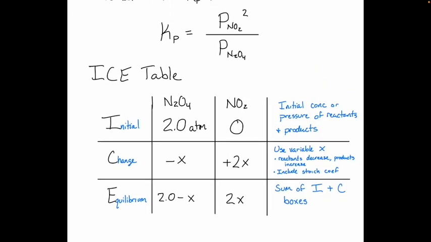So I can substitute into my equilibrium expression for the pressure of my reactant what's in my equilibrium box for my reactant. And for the pressure of my product, I'm going to plug in what I have in my equilibrium box for my product. So we can redefine our equilibrium expression Kp.